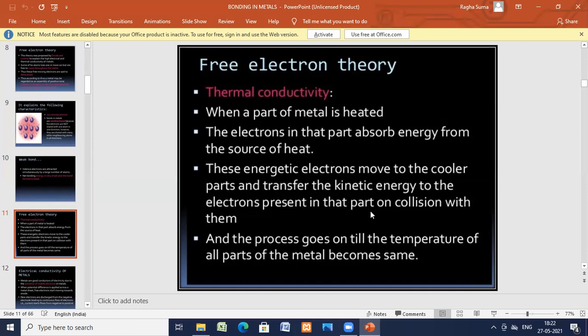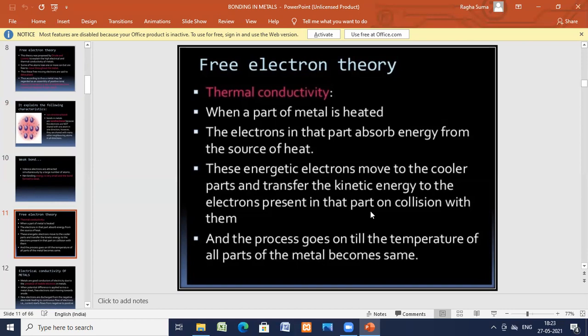When you heat any vessel or container, the part that is getting heated has electrons that gain energy. They move to the cooler parts. They transfer the kinetic energy to the electrons present there on collision.